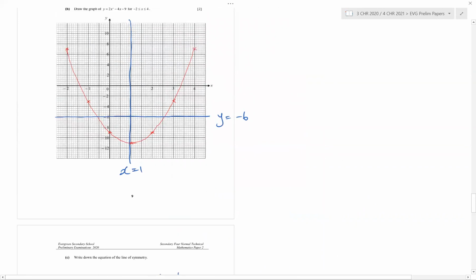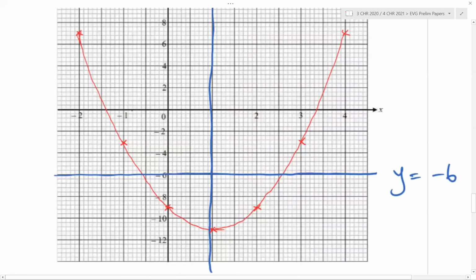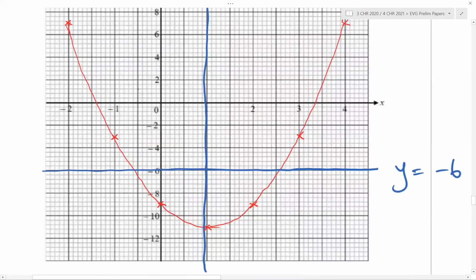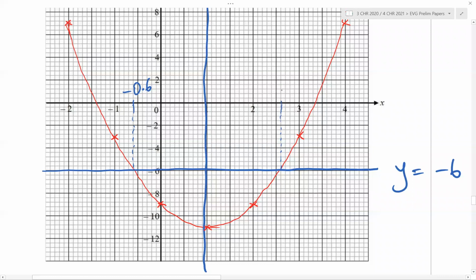Where do they both intersect? Okay, I have -0.6 and 2.6.